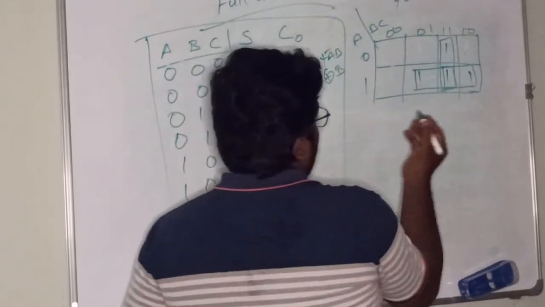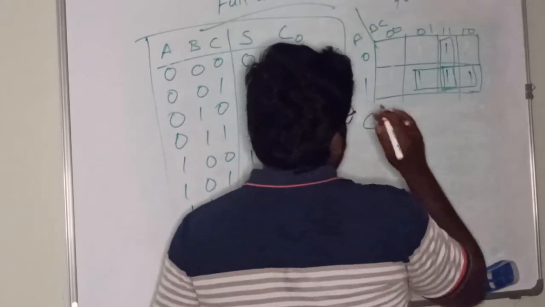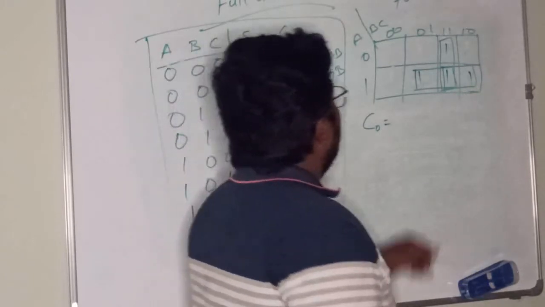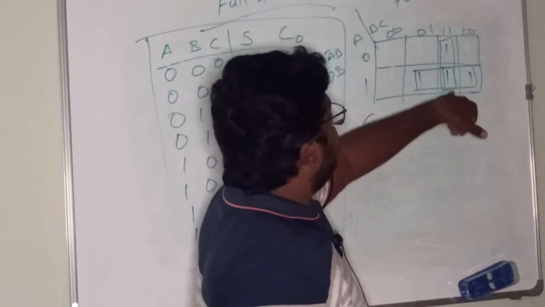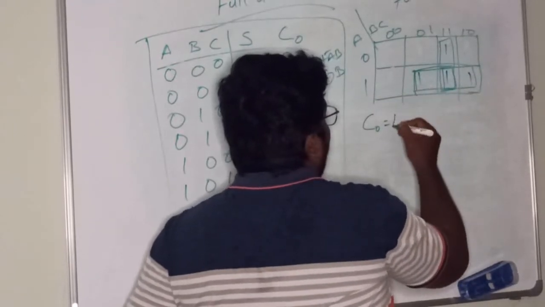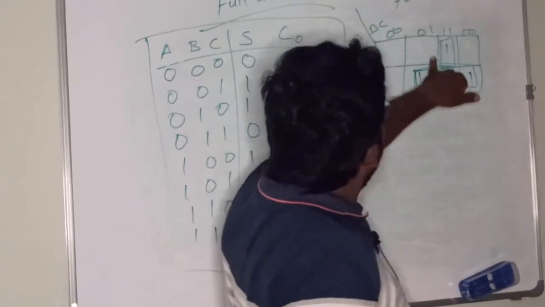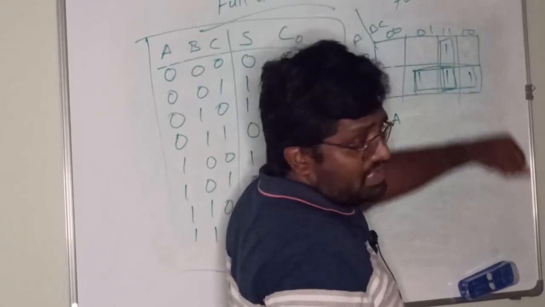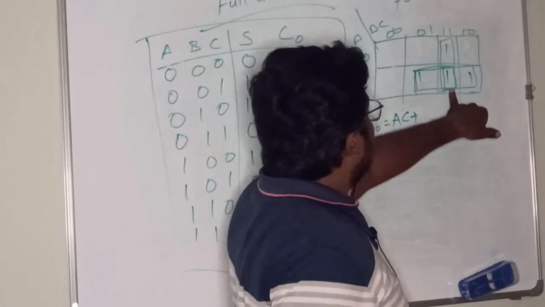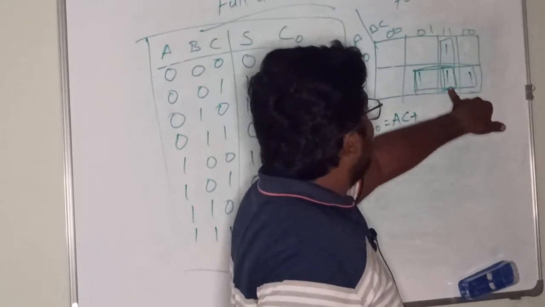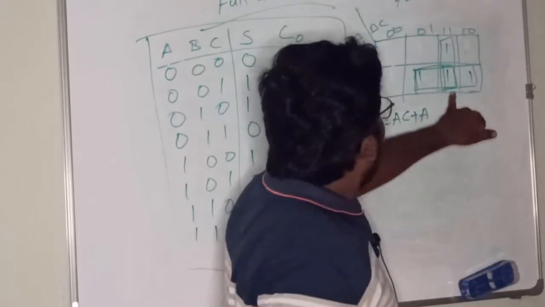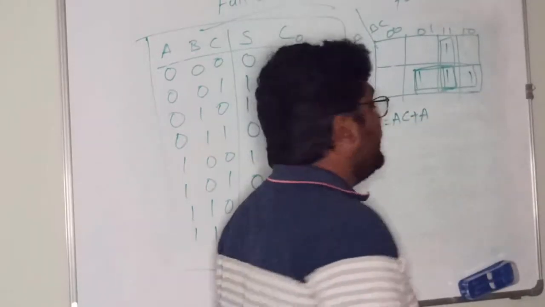So now the carry C0 will become C0 is equal to, first take this pair. Here A value is constant, B value is varying and C value is constant. So AC plus, next take the next pair. In this pair also A value is constant, B value is constant and C value is varying.